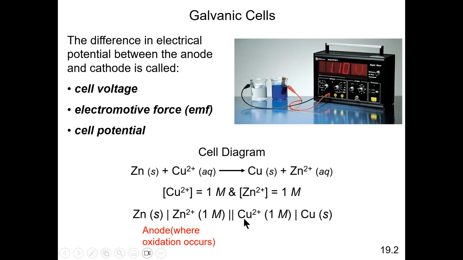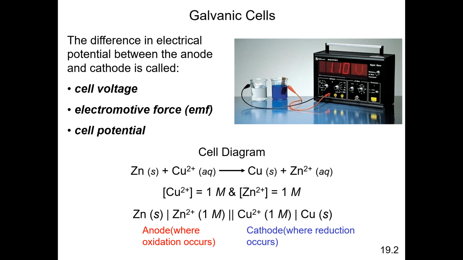And then the next half of this representation, the cell diagram, is where we write down the composition of the cathode, where we start off with the substance to be reduced, which in this case would be the copper 2 plus. Its molarity is given here. Then we draw a line and then we write down the reduction product.